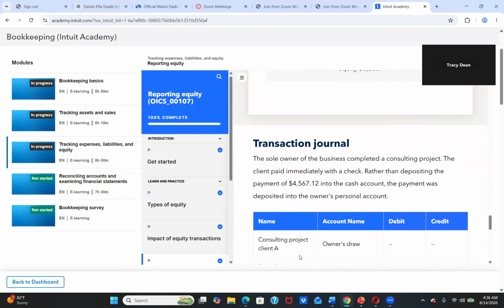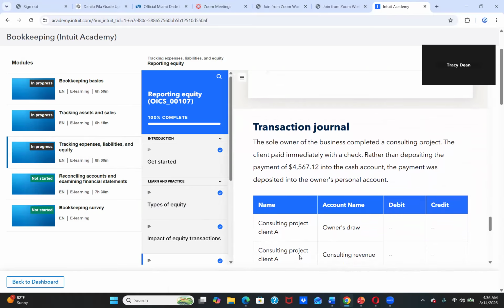Now, the next thing we have is what we call a transaction journal. So with the transaction journal, we see that the owner got paid an amount of $4,567.12. If you read that, it says he completed a project and he got paid $4,567.12.